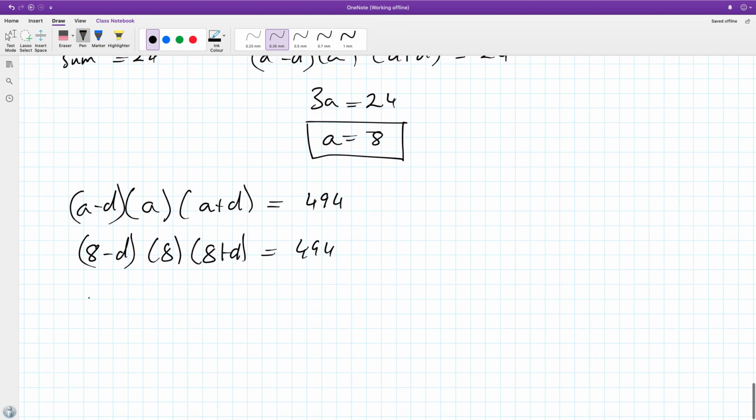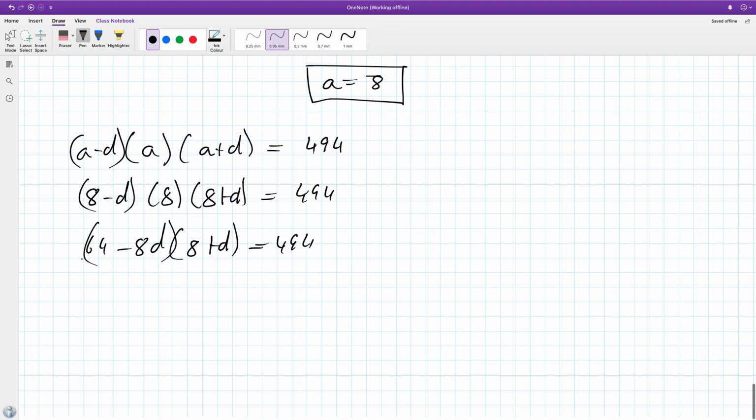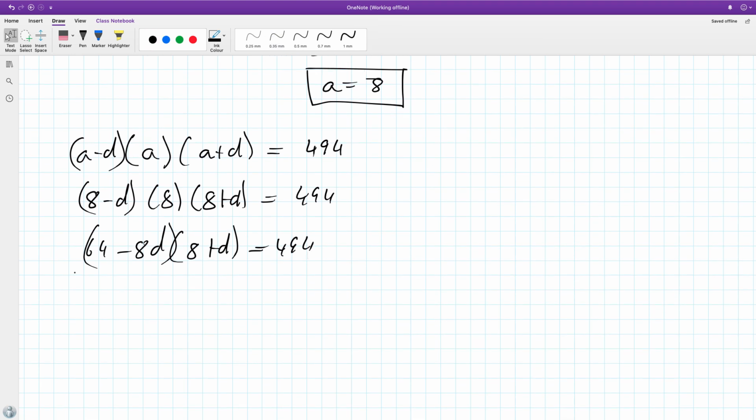Multiply your first two: 8 by 8 is 64, 8 by minus D is minus 8D, times 8 plus D is equal to 494. 8 by 64 is 512. 8 by minus 8D is minus 64D. And then D by 64 is plus 64D, and minus 8D squared equals 494.